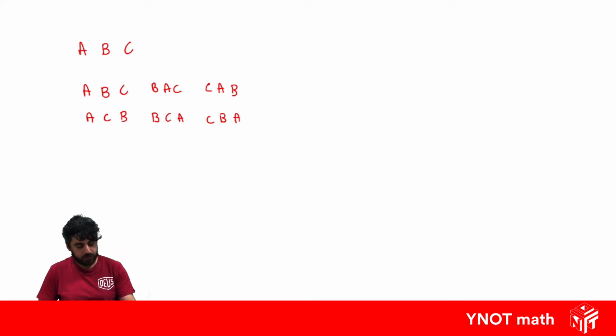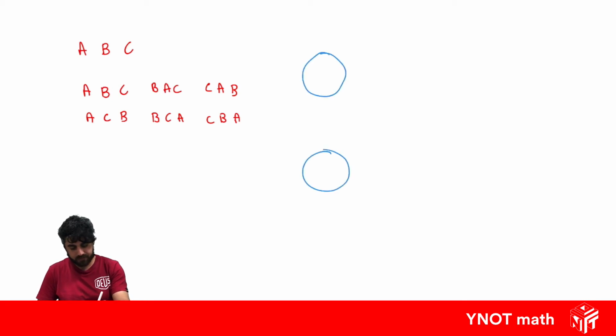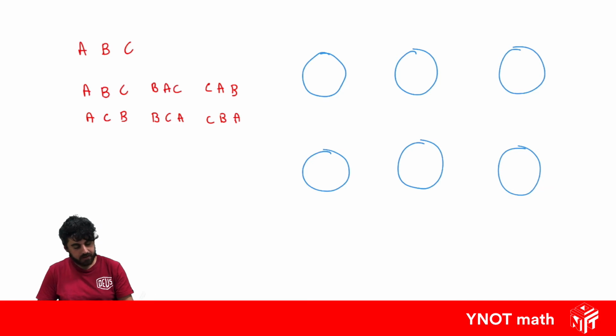And what if we put them all around a table? So let's have a look at all 6 of those. Let's draw up some circular tables, and let's arrange them all.